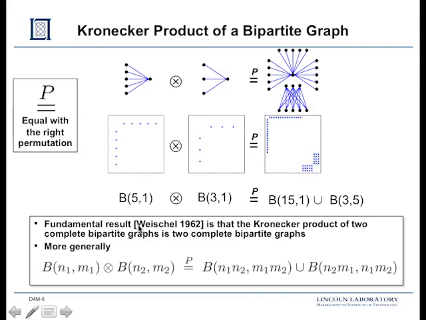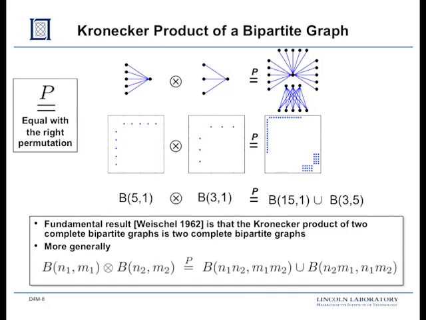In my notation, B(5,1) is a 5,1 bipartite graph, and with a 3,1 bipartite graph, within some permutation, they produce a matrix that is the union of a B(15,1) and a B(3,5). This result was first shown by a professor by the name of Weichsel in 1962.